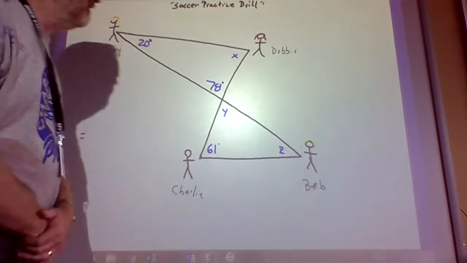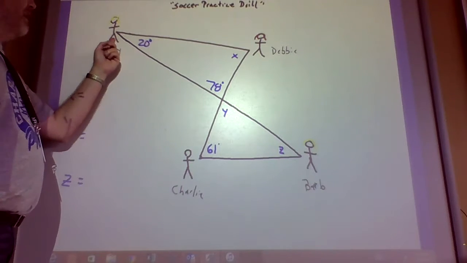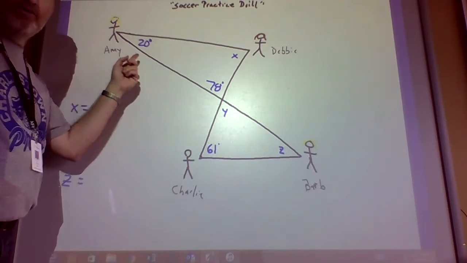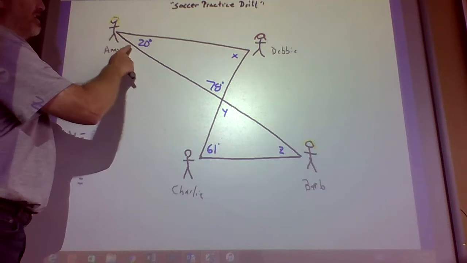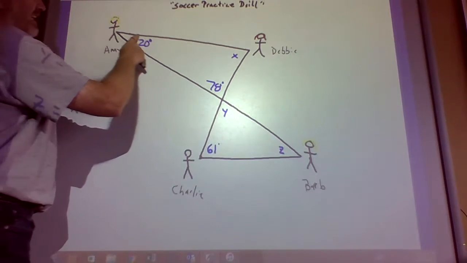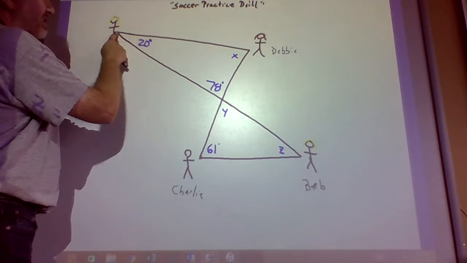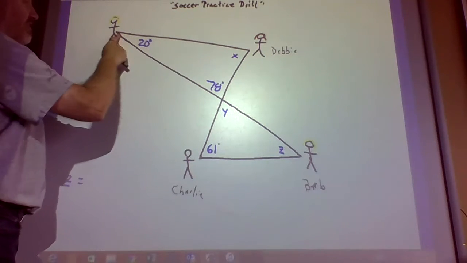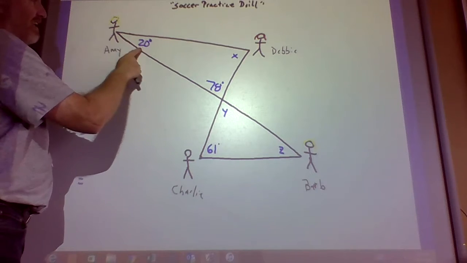It was off screen, so we got this girl named Amy, and she apparently is one of the ones who does like geometry, and she's noticing that when she receives the ball from Debbie, it's at a 20-degree angle.